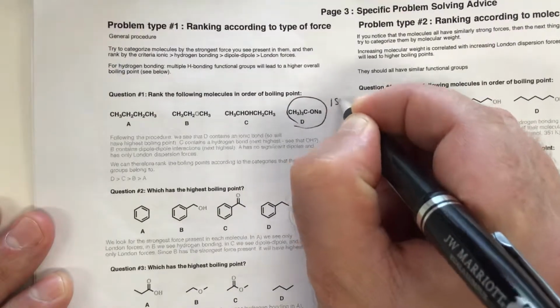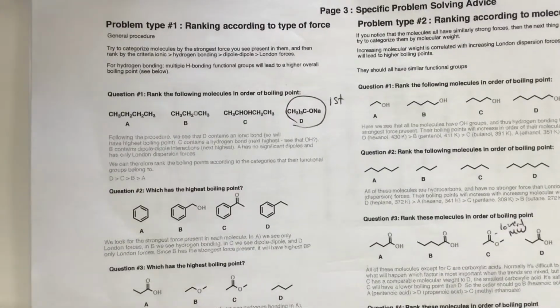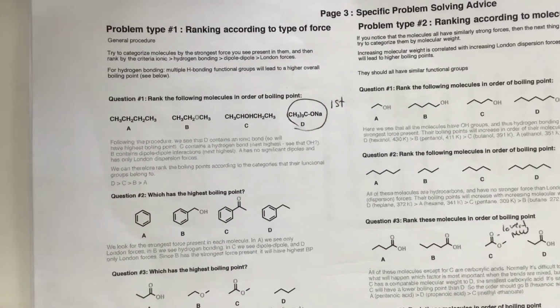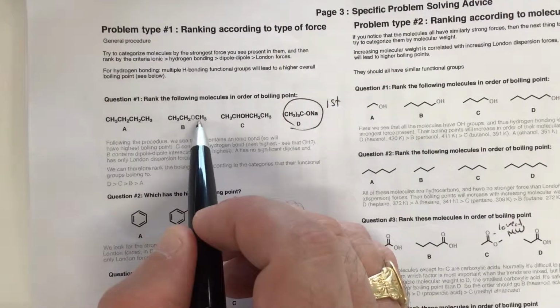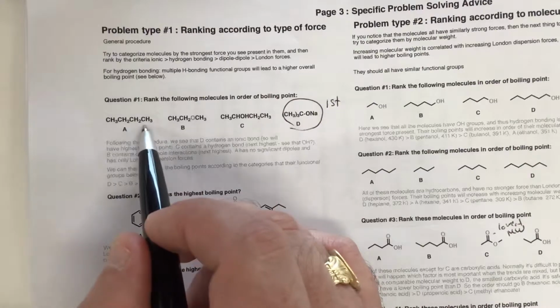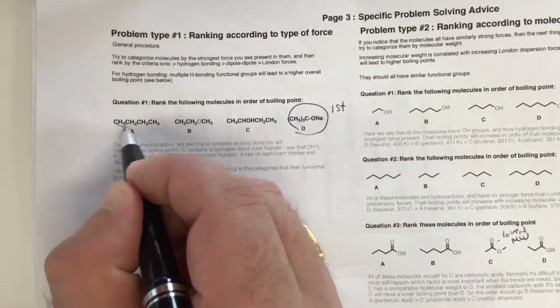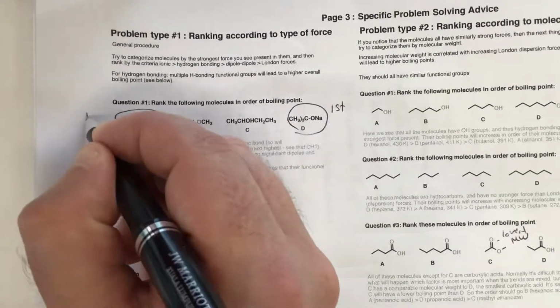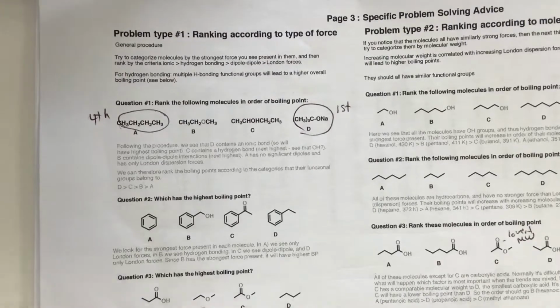So I'm going to say it from highest to lowest, D at least is your first. It's got your highest boiling point of anyone there. This one doesn't have any oxygens, any nitrogens, there's no metal in it. It's just length. I'm going to say that this one is probably your best bet for your lowest boiling point.